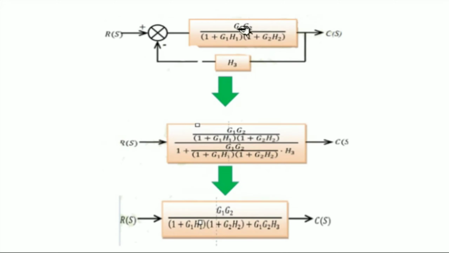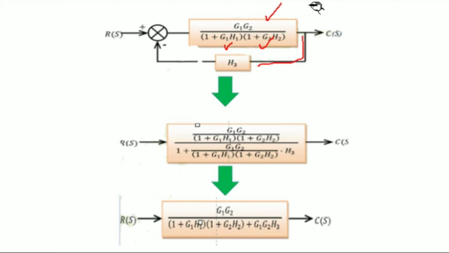So that's why it becomes G1 into G2 upon 1 plus G1 into H1 into 1 plus G2 into H2. Okay, this is converted into a single open loop system which has feedback H3 with this loop provided over here. So again, by applying the feedback loop rule, we can reduce the block.